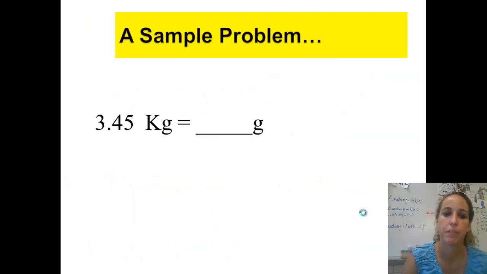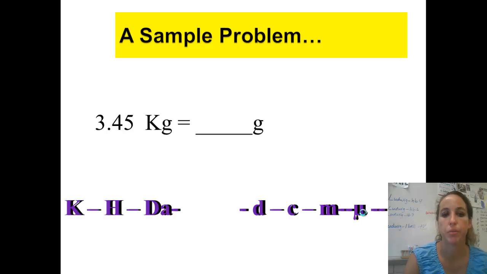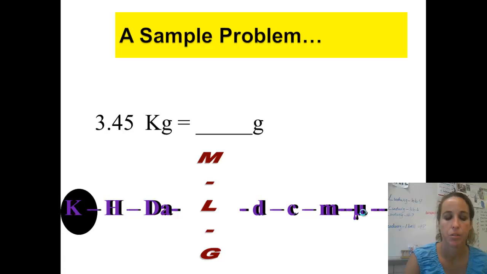Okay, so here's our first sample problem. We're going to go from 3.45 kilograms to grams. So we're starting at kilo and we're going to grams. Are we going to the right or to the left? We're starting here and we're moving here. So we're moving to the right. That means that you also move your decimal point to the right. When you go from kilo to hecto, you're moving 1 place.